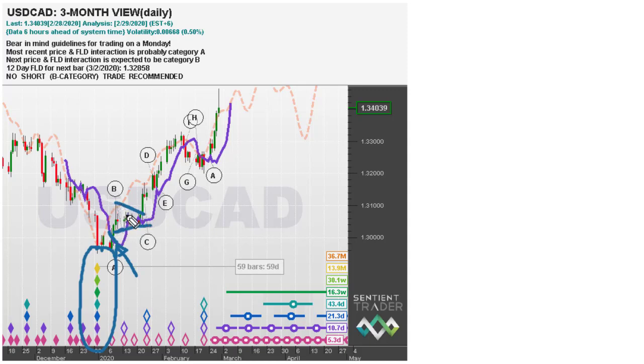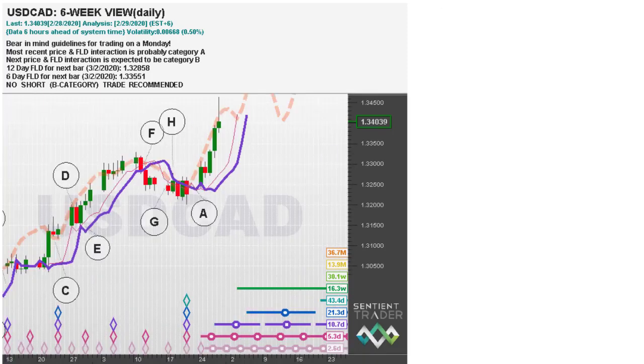And the way in which it formed this triangular price action round about the 20-day FLD was the perfect opportunity, because price came down, found support at the level of the 20-day FLD. And again, we can see that better on the 6-week chart. Here it is, right at the left-hand edge of the chart. Price found support at the level of the 20-day FLD.